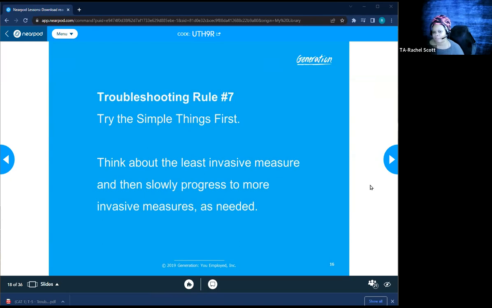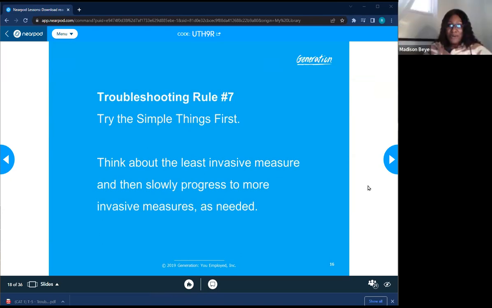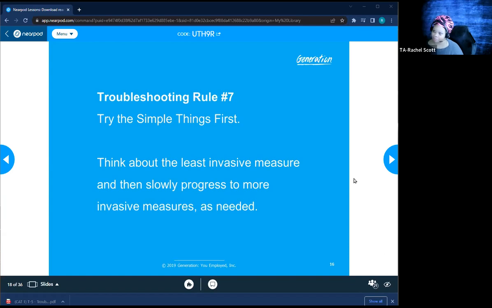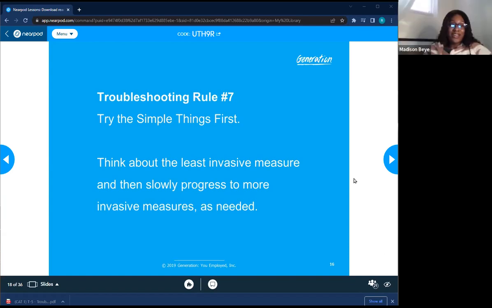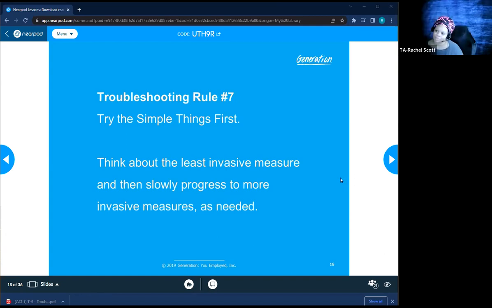So what would be an invasive measure? Like a very invasive measure. Like opening up a laptop, for instance, before trying a new adapter, something like that. Right, or just asking questions.